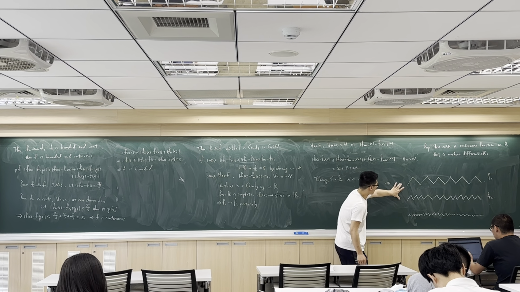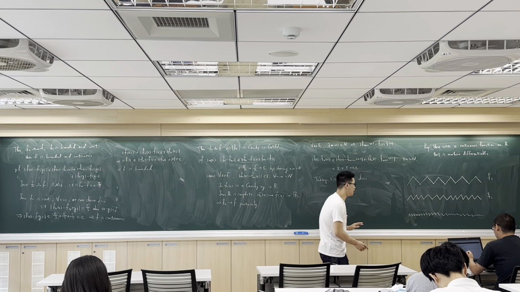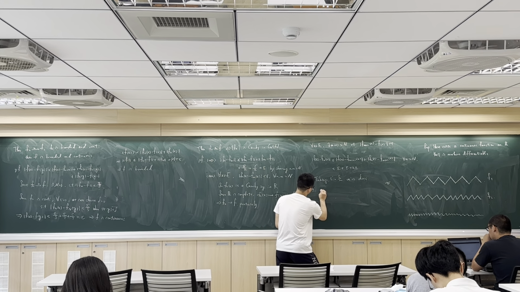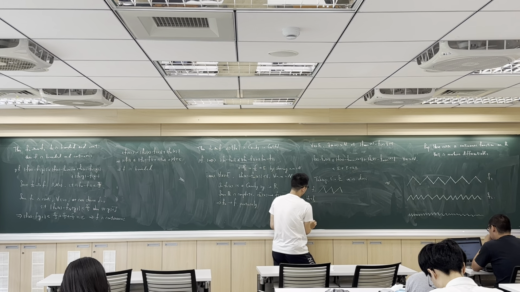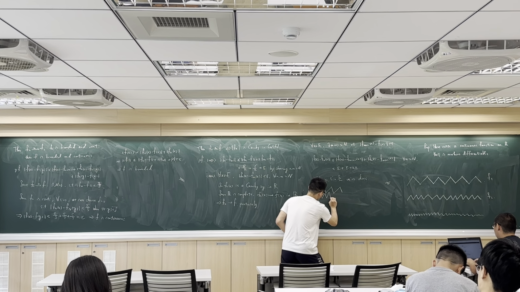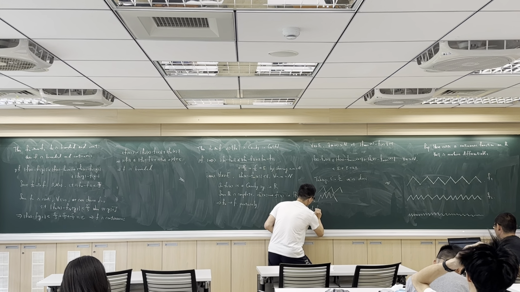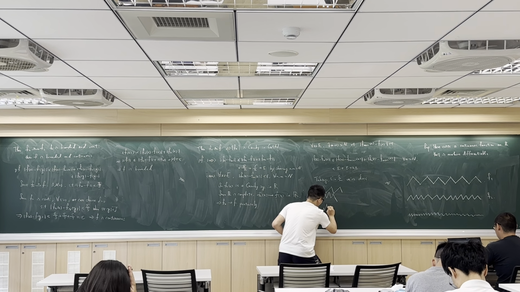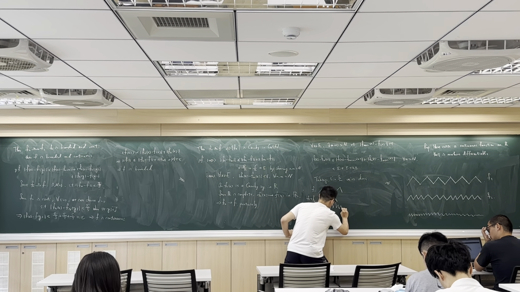So then we can sum these functions up. F1 will be this, and F1 plus F2 will be something like this, and F1 plus F2 plus F3 will be something like this.